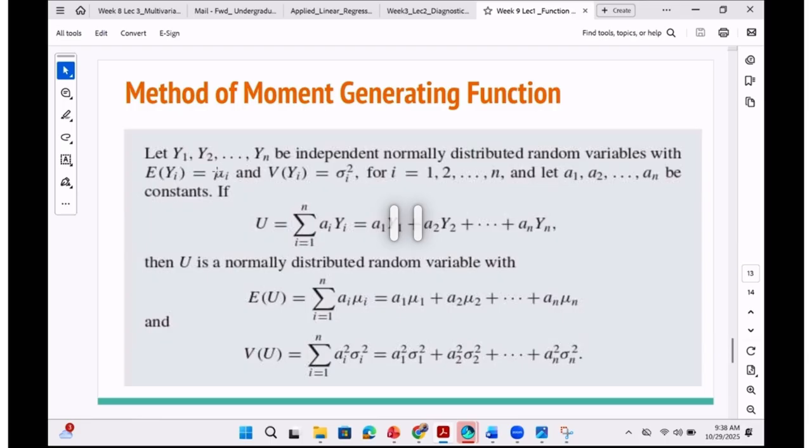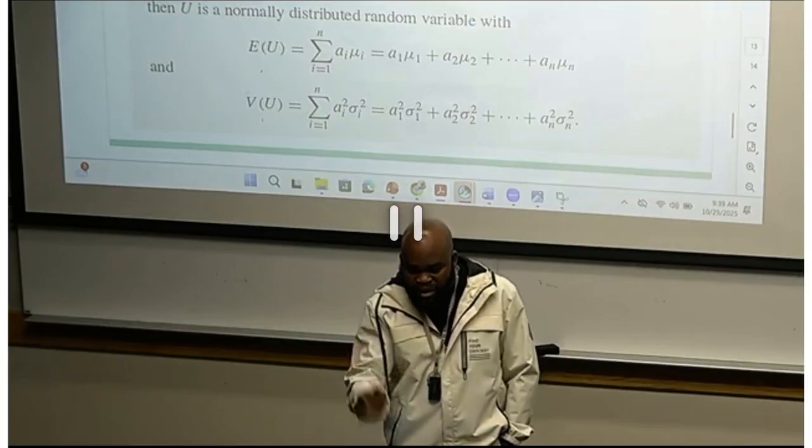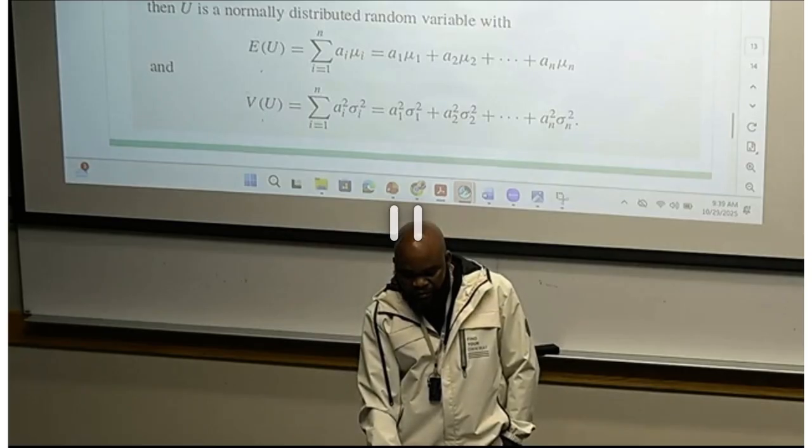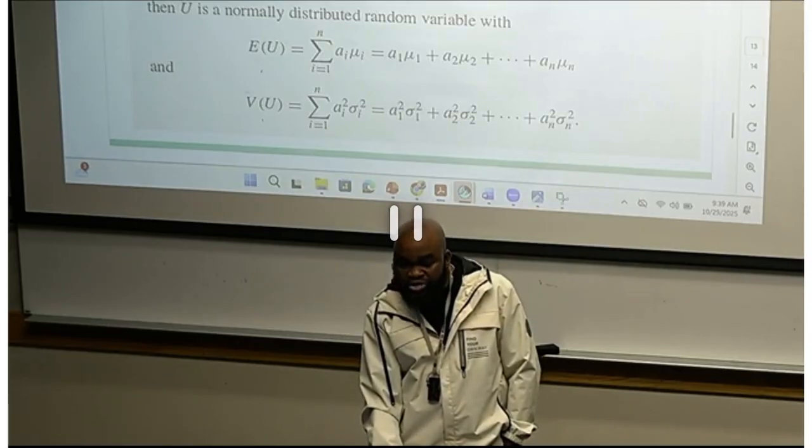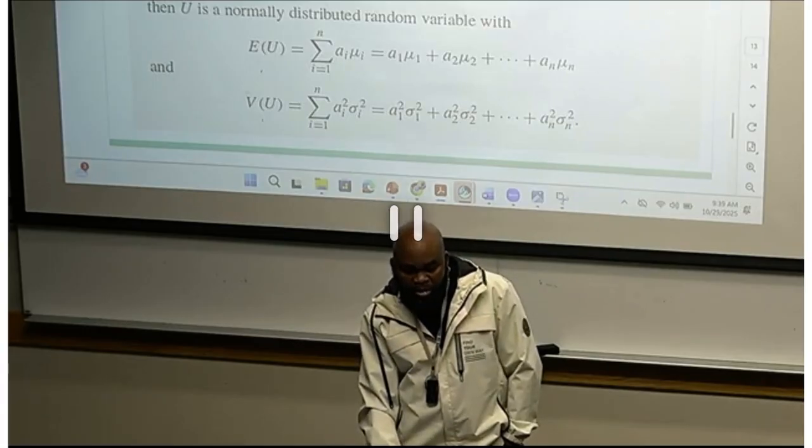If I have y1 up to yn, and each of them follows a normal distribution, such that the mean of y1 is mu1, the variance of y1 is sigma 1 squared, the mean of y2 is mu2, the variance of y2 is sigma 2 squared. This is the general way of writing that: the mean of yi equals mu i, for i from 1 to n, and the variance of yi equals sigma i squared. Because they are independent, the covariance will be 0, so I'm only going to have the variances.